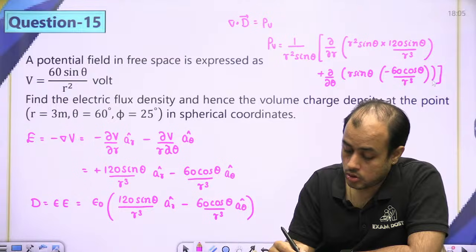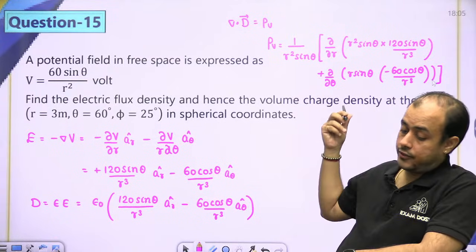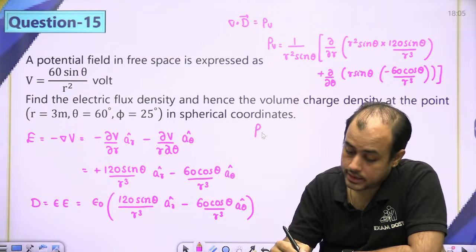Okay, beta. So the rho V, if you take sine square theta, 1 sine theta will be cancelled.